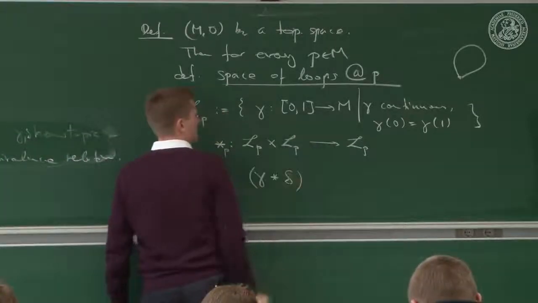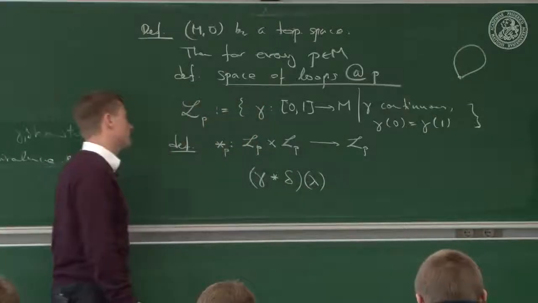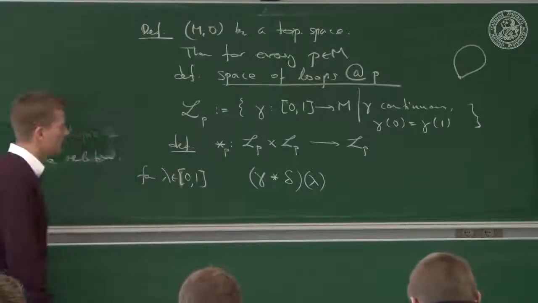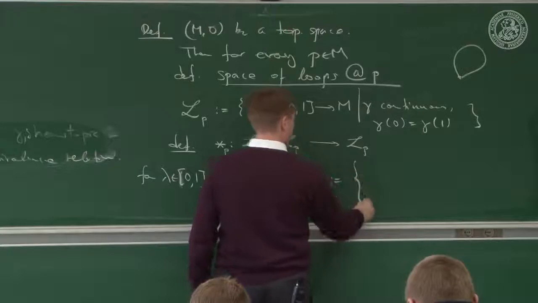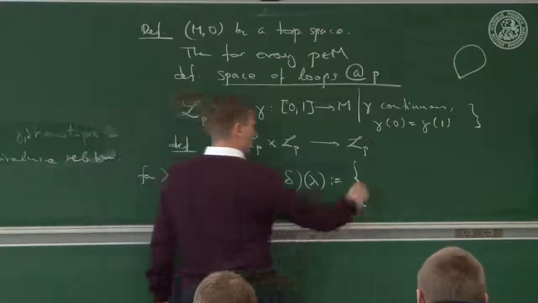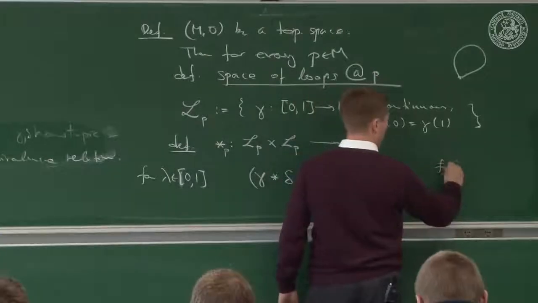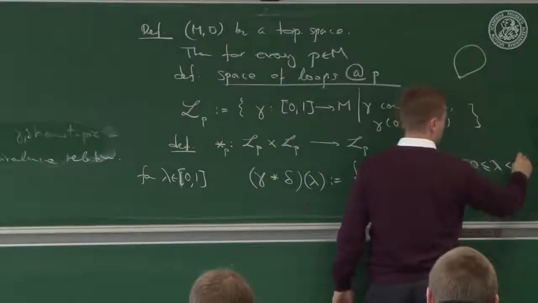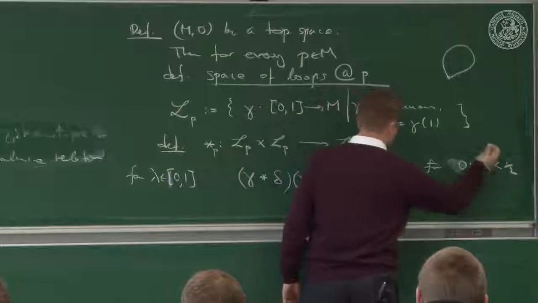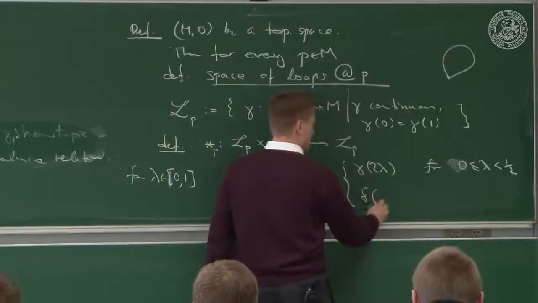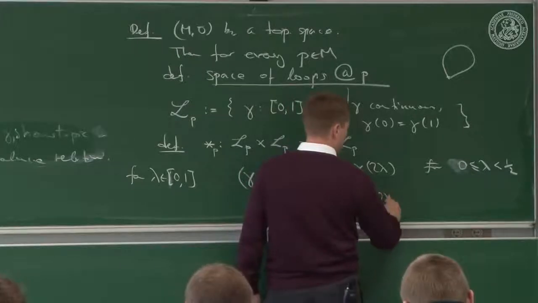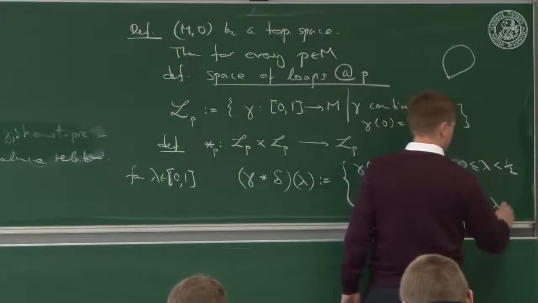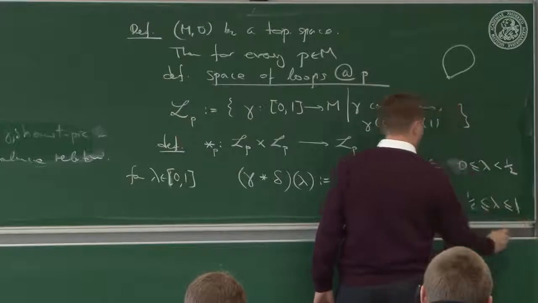If they're loops, they have a range from 0 to 1. So for some lambda that runs from 0 to 1, inclusively, both sides, we define this concatenation as gamma of 2 lambda for 0 less or equal to lambda less than 1/2, and delta of 2 lambda minus 1 for 1/2 less or equal to lambda less or equal to 1.